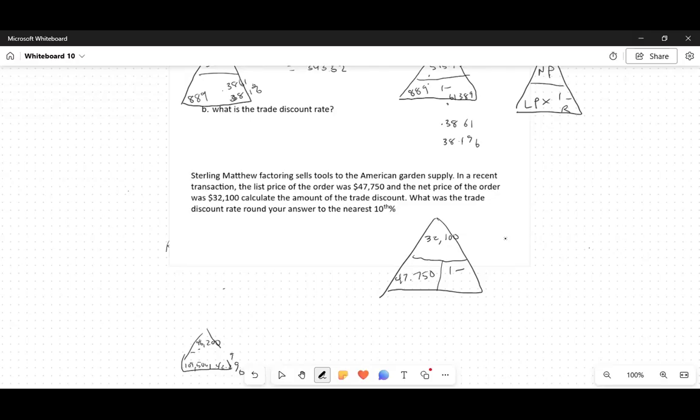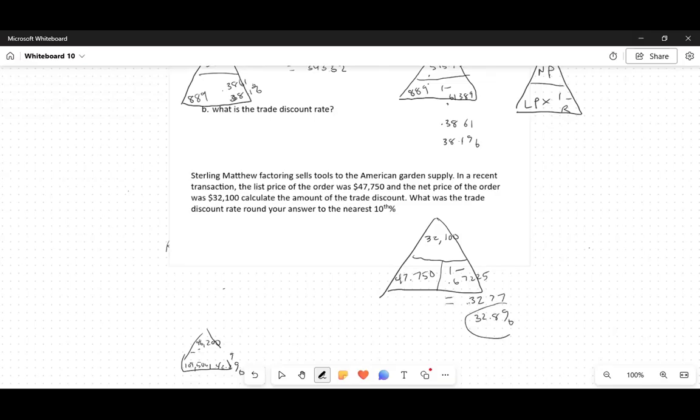Right now, if I solve it, it's going to give me the net price rate, but I want to know the trade rate. So I need to first divide these two, which comes out to 0.67225. That's my answer, but I have to subtract it from 1. So that would equal 0.32775, or 32.8%.